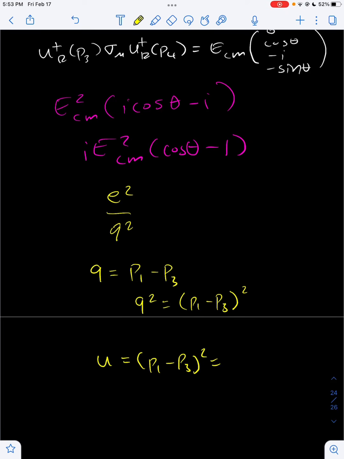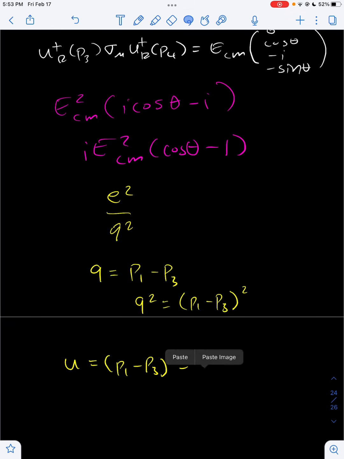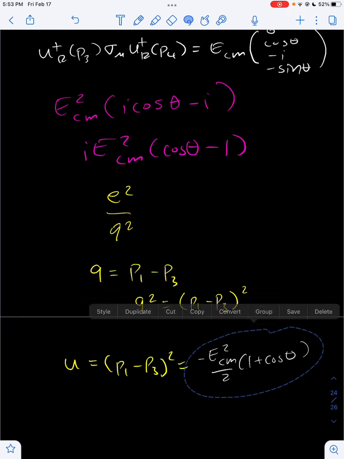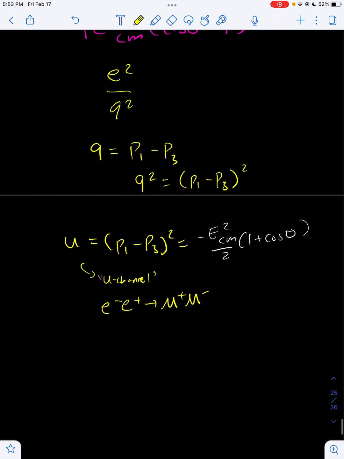And if you were to calculate P1, P2, and so on, and square it, you would get this as your answer: minus E squared times the center of mass energy squared over 2 times 1 plus cosine of theta. So this is just the U channel for the process of electron-positron scattering into muons, basically.